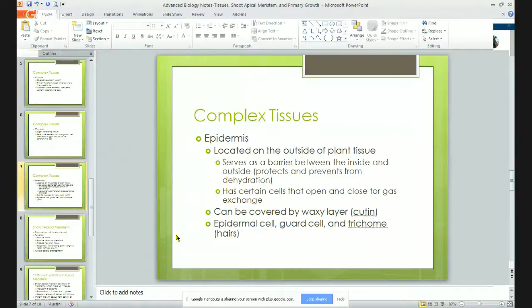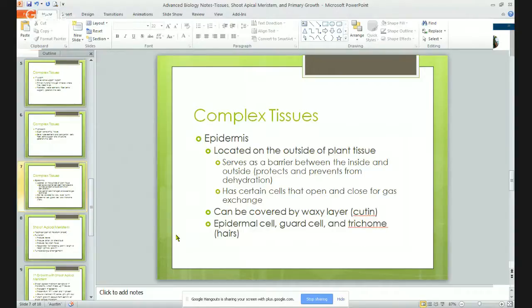We'll get into those structures next week on Monday when we talk about the shoot apical meristem, and we'll get into it also when we're talking about the root and the root anatomy and the root apical meristem. But anyway, up here, this is kind of a close-up of your epidermis.